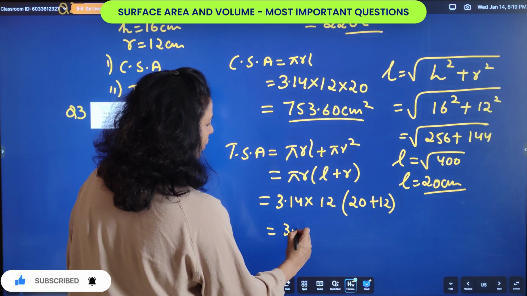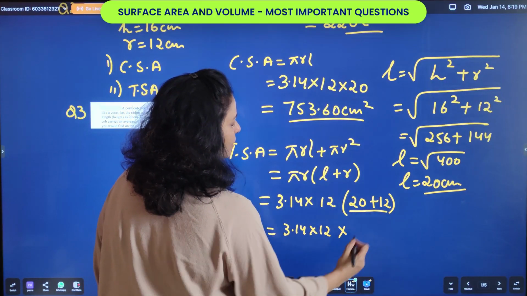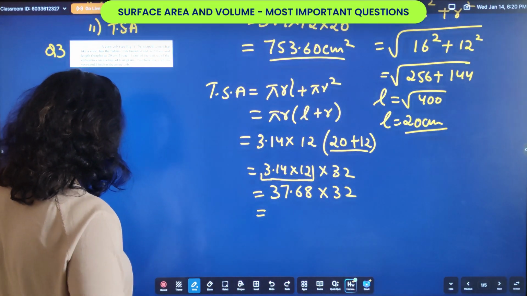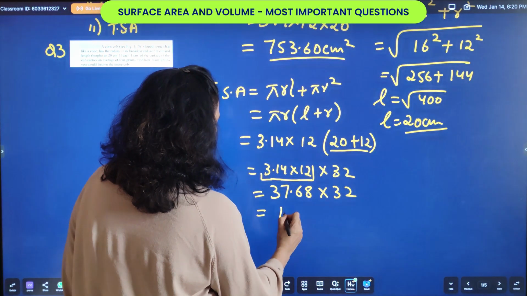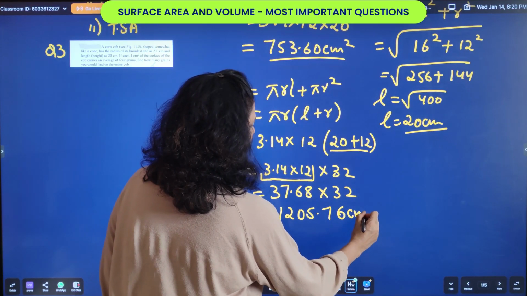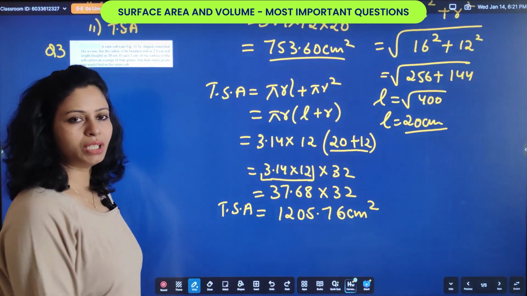So 3.14 into 12, into 20 plus 12 is 32. This value will be 1205.76 centimeter square. That is the total surface area of the cone.